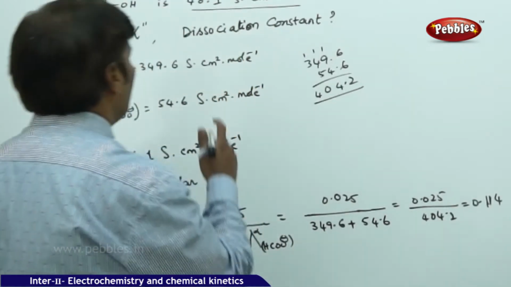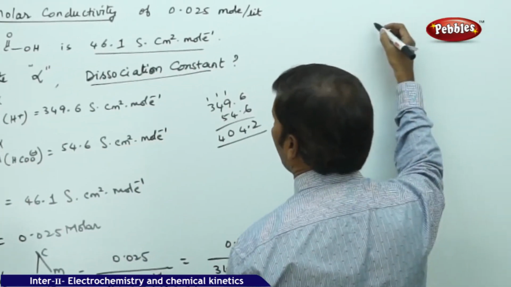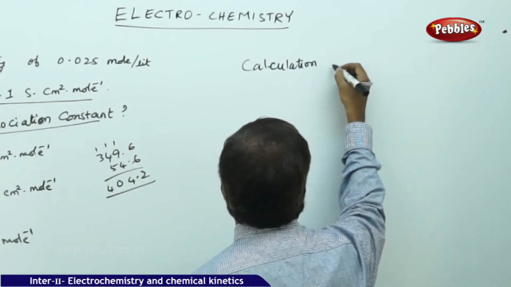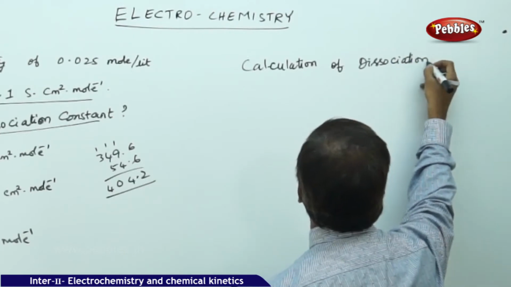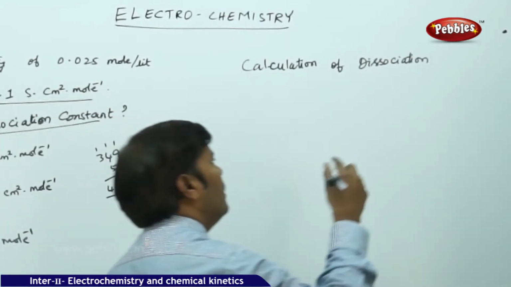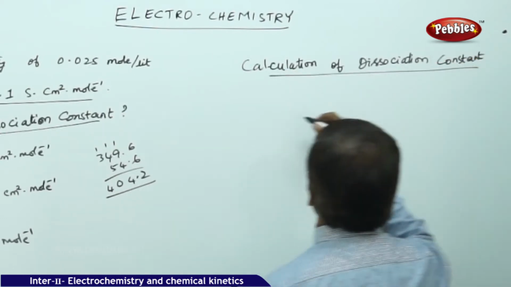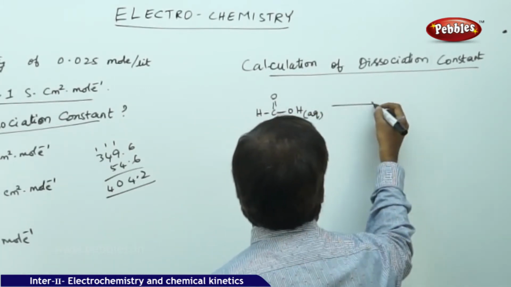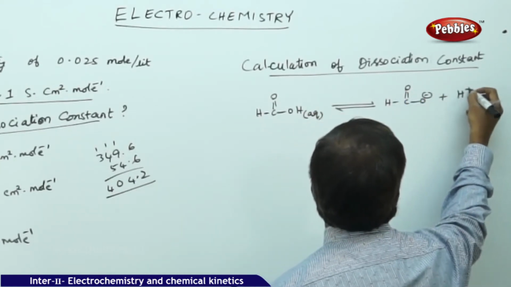Now again, because it is asking us to calculate the dissociation constant, what is the concept here? The next part of the numerical is the calculation of dissociation constant. Because formic acid is an acid, take formic acid in the aqueous state: it dissociates to give one formate ion and one H plus ion.